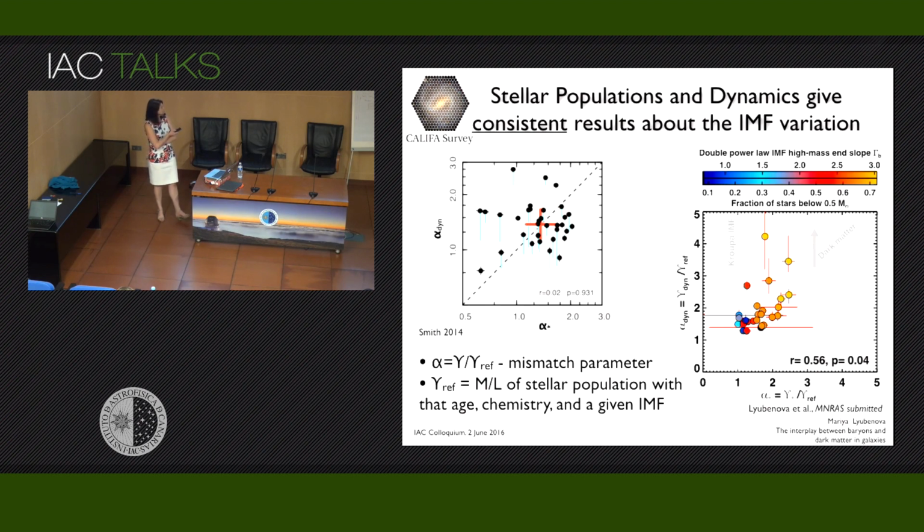So from this plot, what we see is that if all galaxies had the chosen reference IMF, they would be on this line, and we have basically almost nothing. And what I've illustrated here with colors is the fraction of stars below 0.5, the dwarf to giant fraction in these galaxies, with the Milky Way value being around here, 0.3, so this symbol is also on the 1-to-1 line.